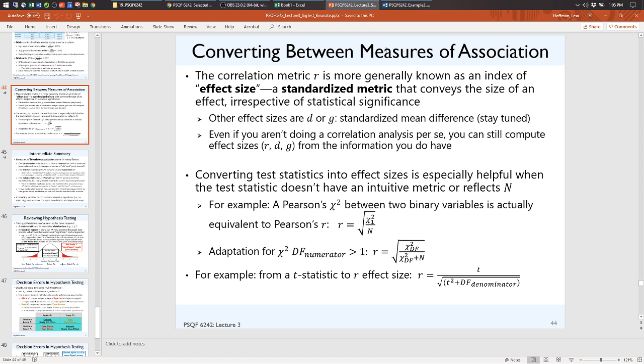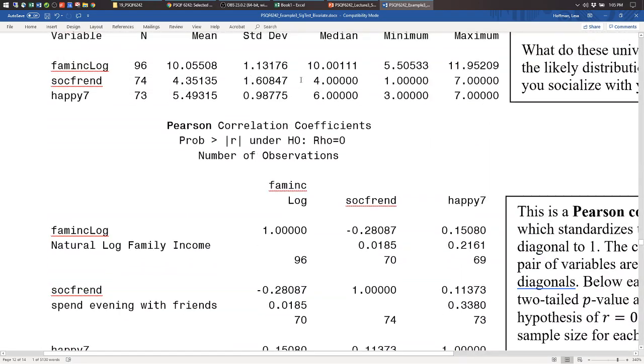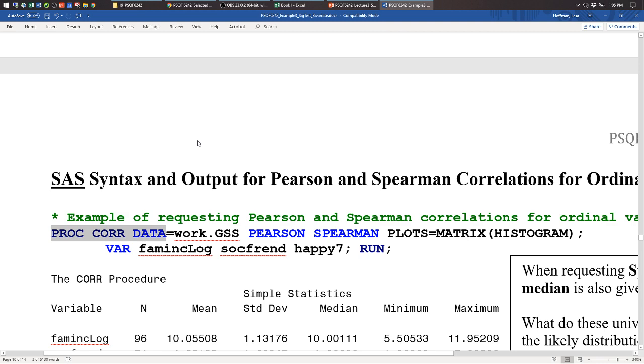You do Proc Corr. Yeah, you know how to make a Pearson correlation. We did that like two pages ago, right? Where would you put that?